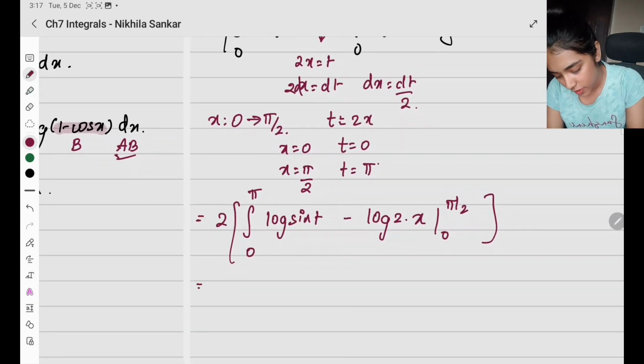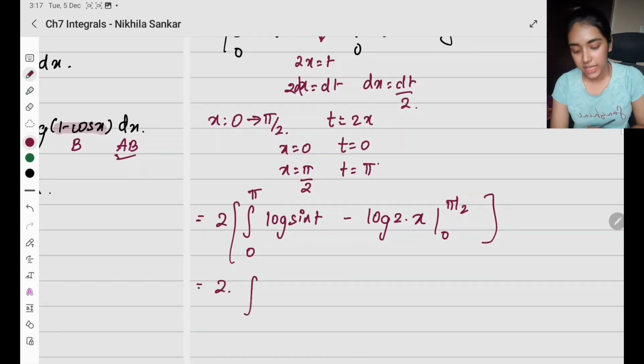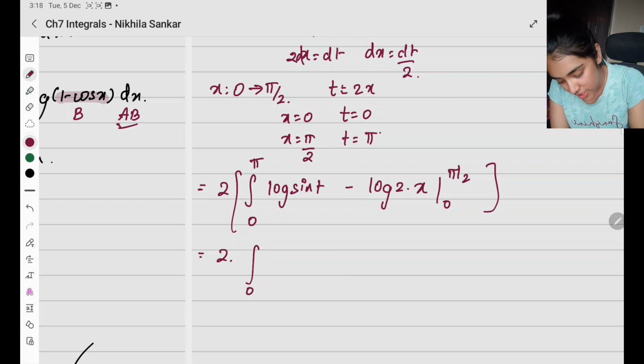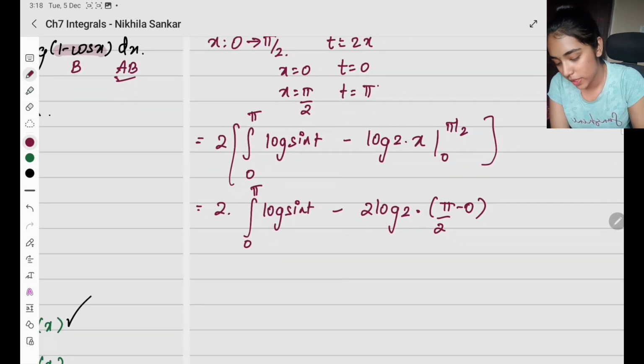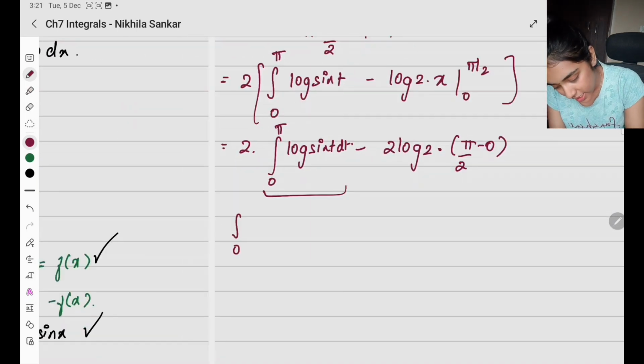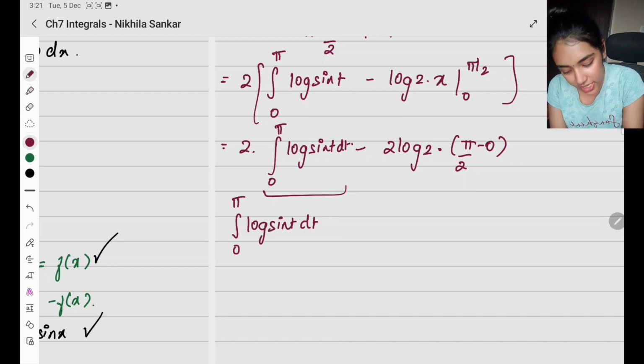Okay. So now this is going to be 2 times integral. I'm going to split it. So 0 to pi log sine t minus, I'm going to multiply the 2 inside. So I have log 2 times x, upper limit minus lower limit, pi by 2 minus 0. Okay. So here you have integral 0 to pi times log sine t dt.